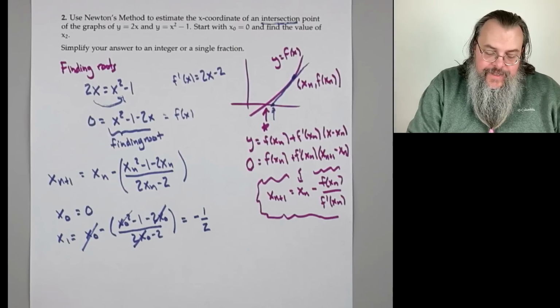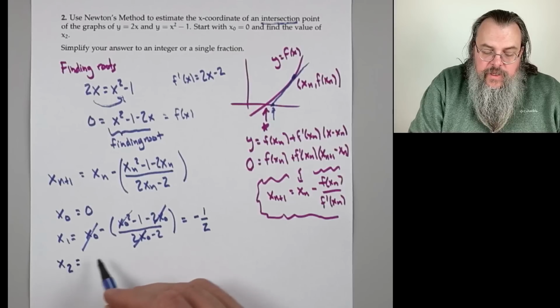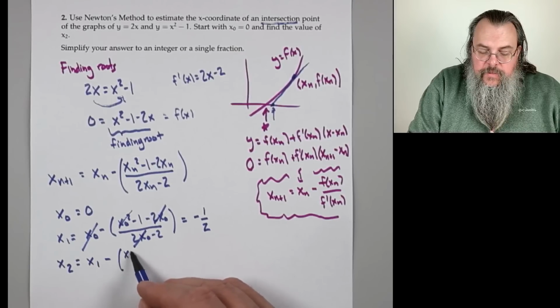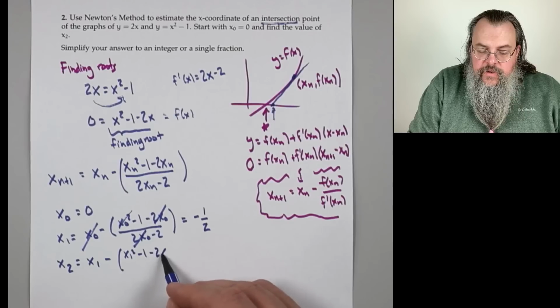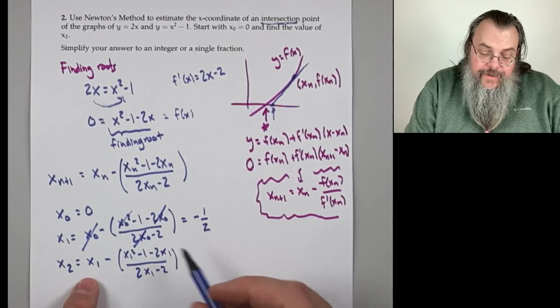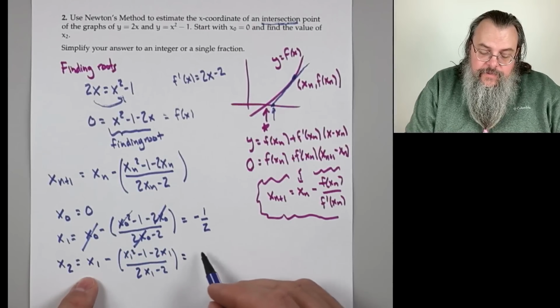Our second iteration, x2. Well, that's x1 minus x1 squared minus 1 minus 2x1 divided by 2x1 minus 2. All right, we have to do a little bit more work here because 0 was a very convenient number. It's one of our favorites.